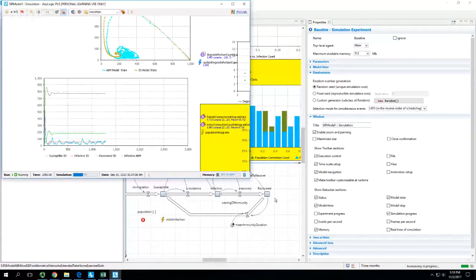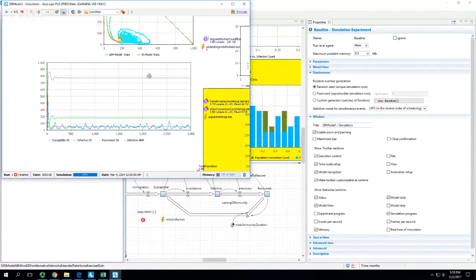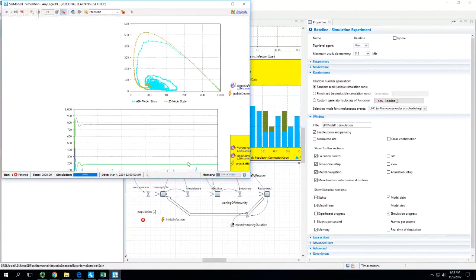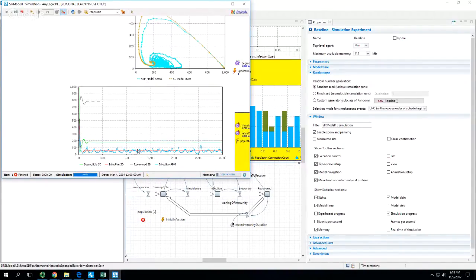Here's a case where it doesn't go extinct, and you can see it's actually closer to the equilibria predicted by the system dynamics model in which we solved for, okay, where the fraction susceptible is the whole population divided by R0, okay? And you can see still stochastics there. We'll run it again.